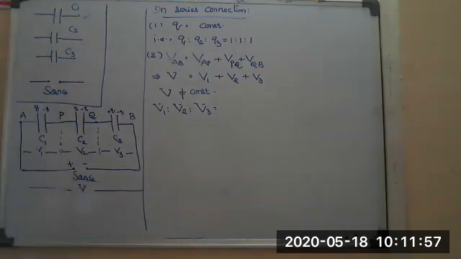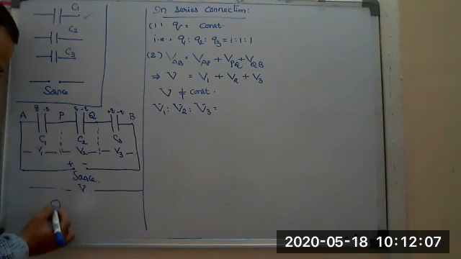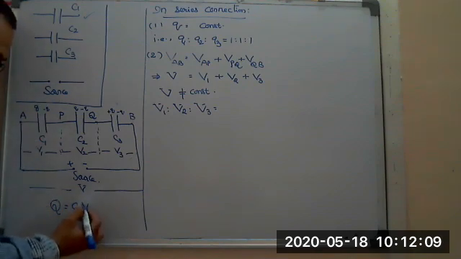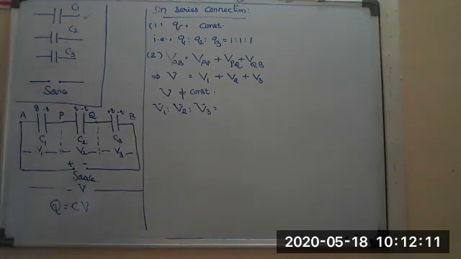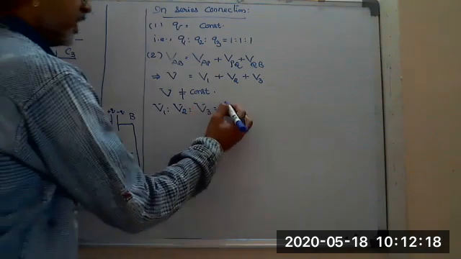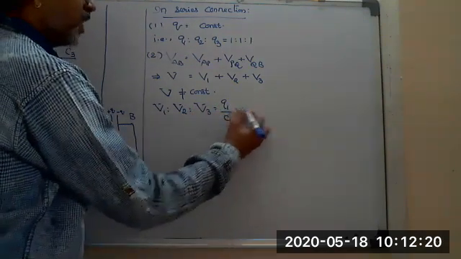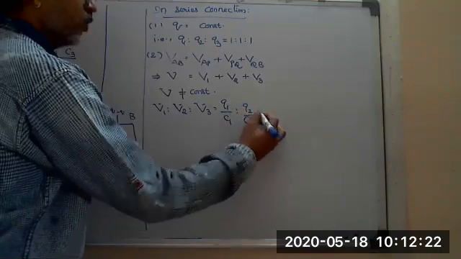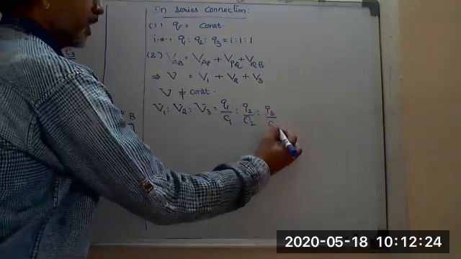Then what can we write? Look, you are maintaining some potential difference, which means it is already charged. After getting a charge Q, you can use the formula Q equals CV. From this formula, I can write V equals Q by C. So I have to write Q1 by C1 is to Q2 by C2 is to Q3 by C3.